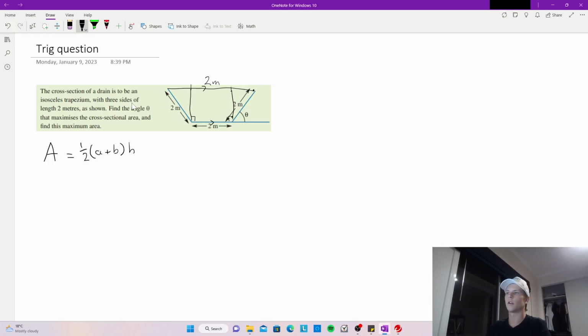And then we don't know these end values here, so we're just going to assign these both as x for now, because we know that these are going to have to be the same, because theta on either side is going to be the same. We won't have that there for now though.